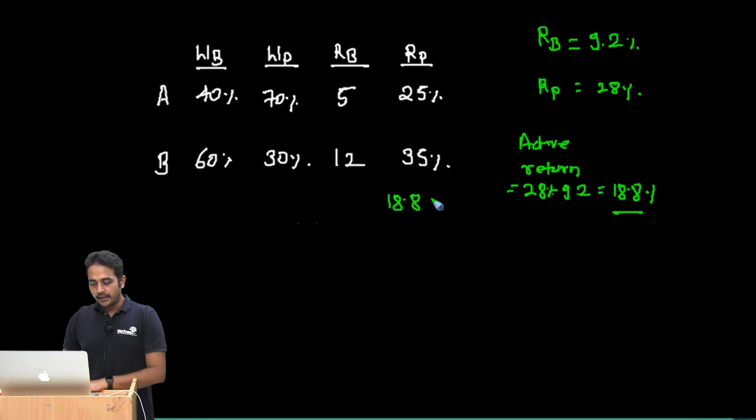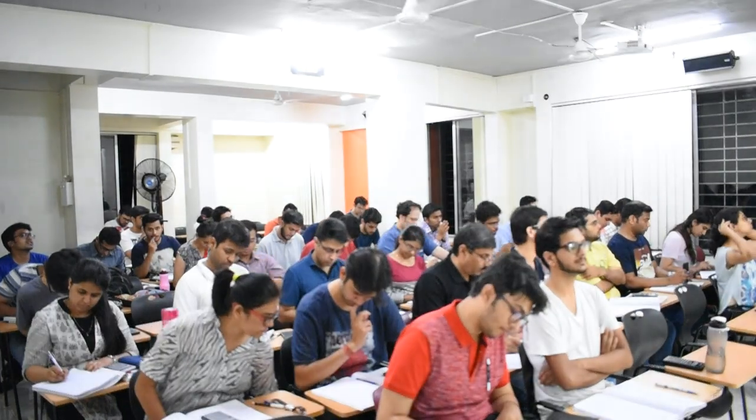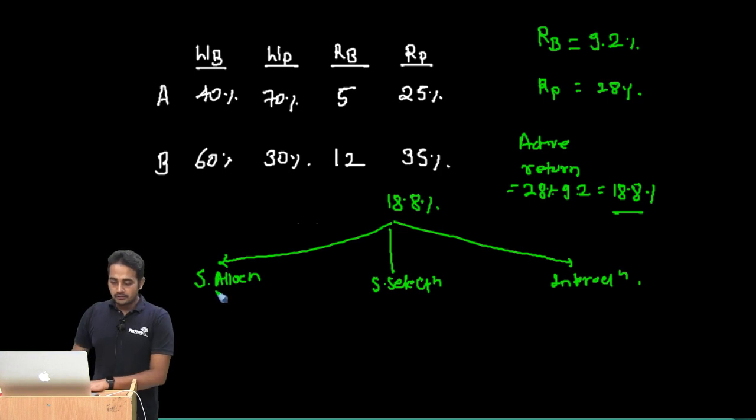Now this 18.8 we are going to break down into three parts: sector allocation, security selection, and the interaction component. So for sector allocation, we assume that we are not going to allow the fund manager to select the securities.